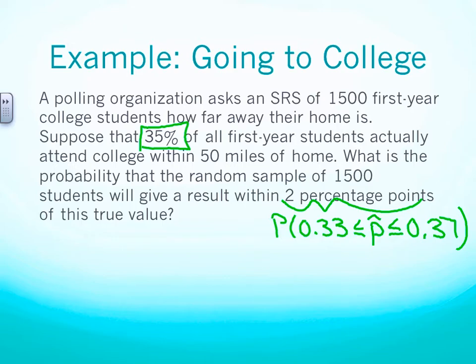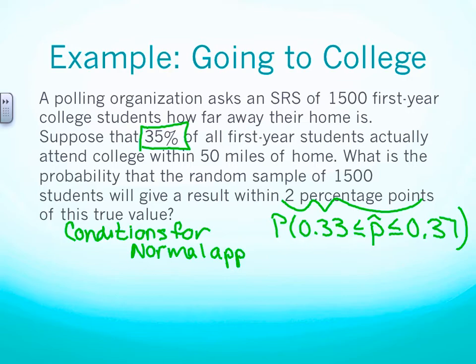It would be nice to use a normal model, but we don't just assume. We must check the 3 conditions. So we're checking our conditions for normal. The first one that I'm going to check is random. They'll always tell you something in words where you can find it.